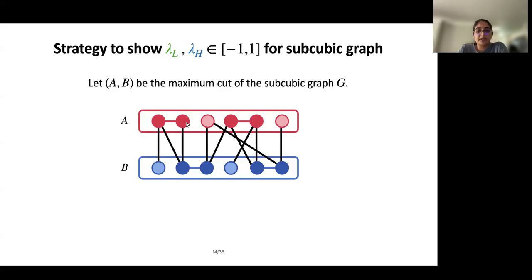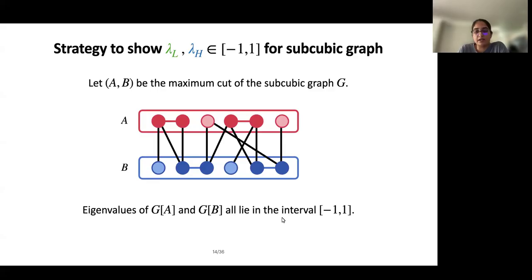If you recall, I mentioned that the eigenvalues of an edge are always 1 and minus 1, and for an independent vertex it is going to be 0. So for the graph induced on the vertices of A and B, all of its eigenvalues are going to lie in the interval minus 1 to 1.